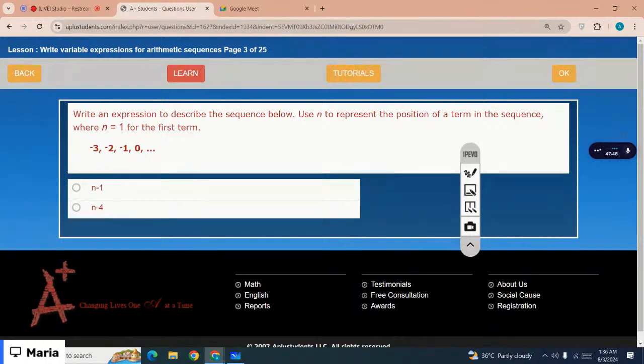That is n minus 4. Option number 2 is the correct option, right? n minus 4 it is. Very good.